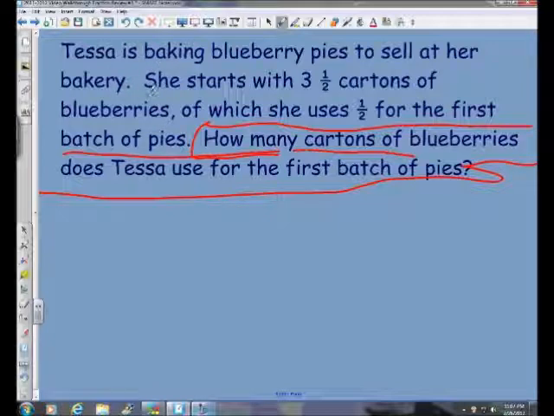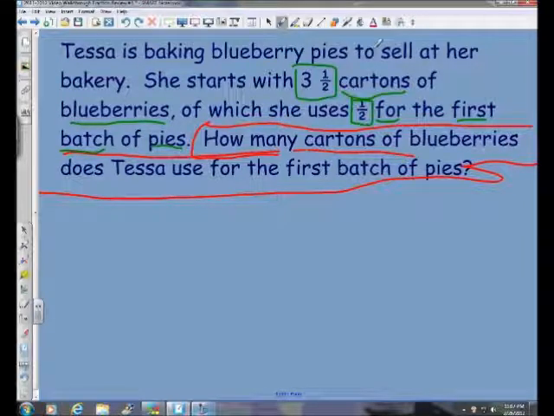So now, second sentence, she starts with 3 1/2 cartons of blueberries, of which she uses 1/2 for the first batch. Okay, 1/2 for the first batch of pies.